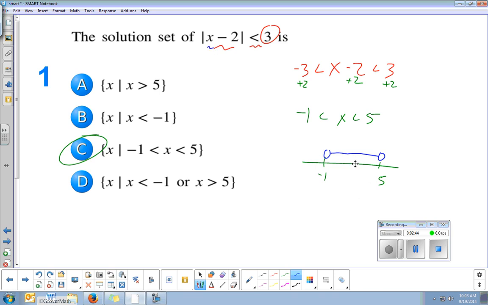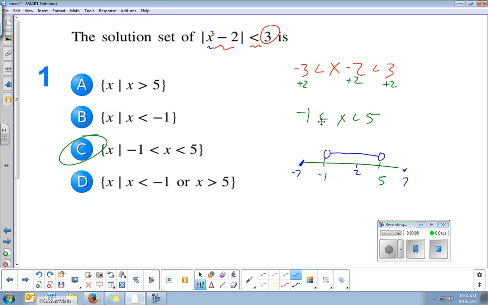Like the number 2, for example. If you plug in a 2 here, you get 2 minus 2 is 0. The absolute value is 0. 0 is less than 3. It's a true statement. But if you plug any number over here like negative 7 or any number over here like positive 7, then it would turn out to be a false statement, like 9 is less than 3 is a false statement. So you're saying everything in here.